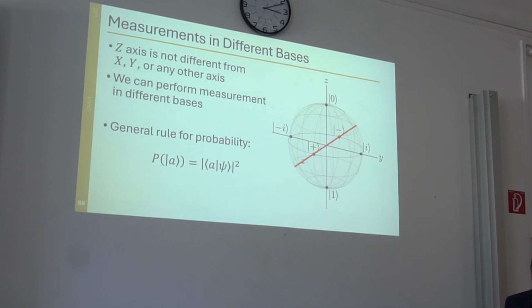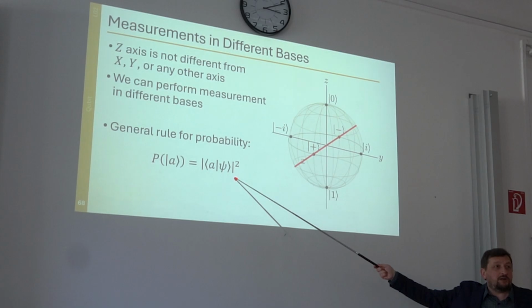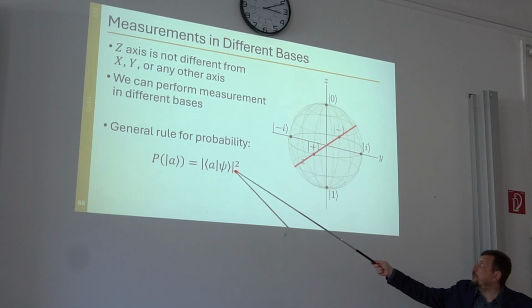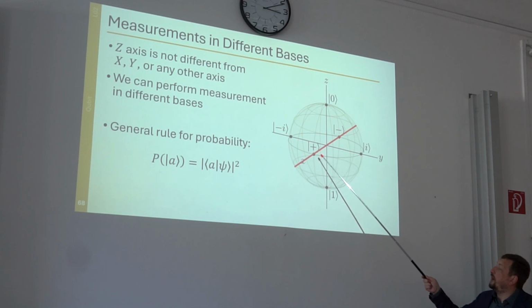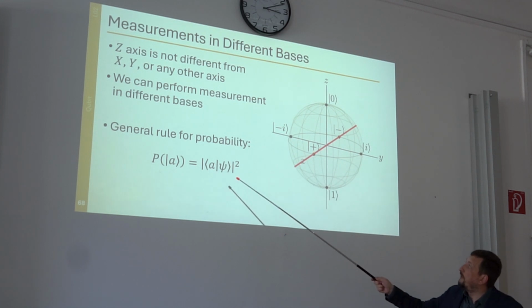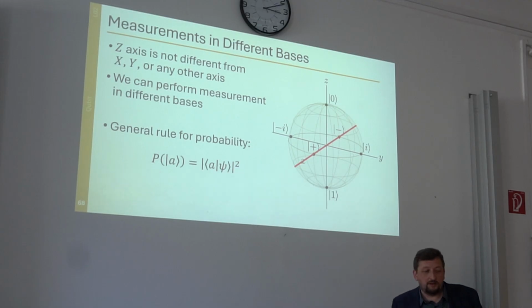How to find the probability of that? Well, this is the general rule. We have the state of the qubit. If I want to find the probability for such an X basis measurement, the probability that the qubit will be in state plus, here I should use state plus.